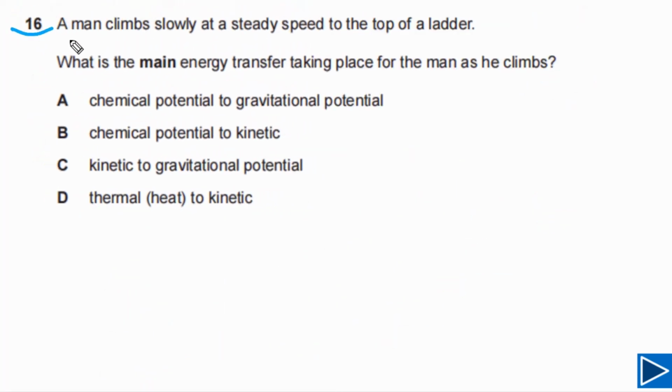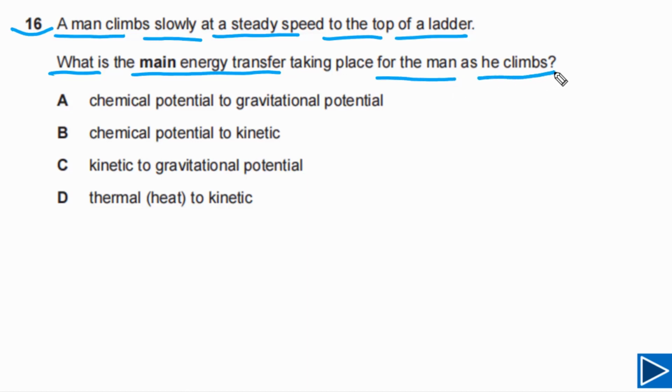For question number 16, it is given to us: a man climbs slowly at a steady speed to the top of a ladder. What is the main energy transfer taking place for the man as he climbs? It is given that the person is climbing at a steady speed. Steady speed means that the speed is constant, so v is constant.